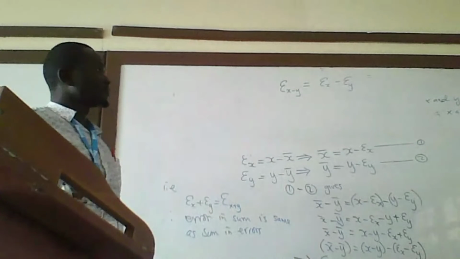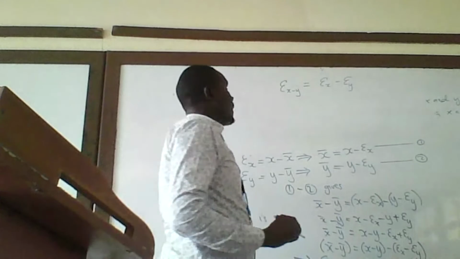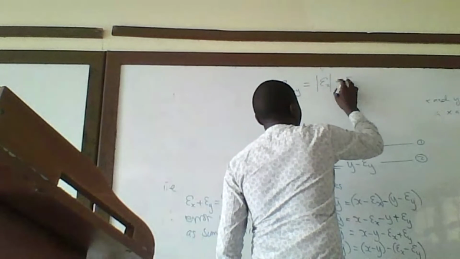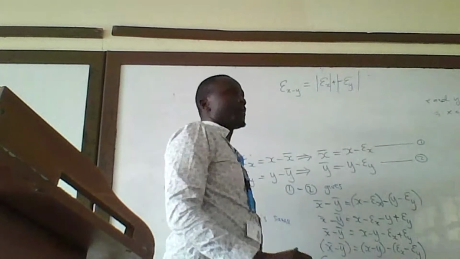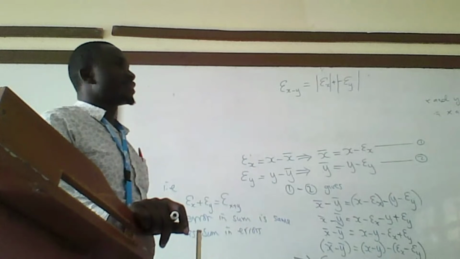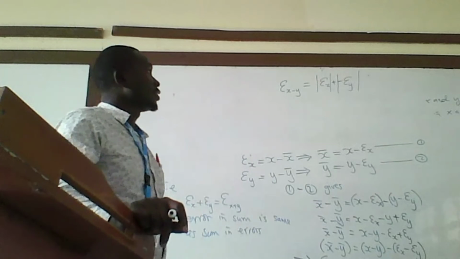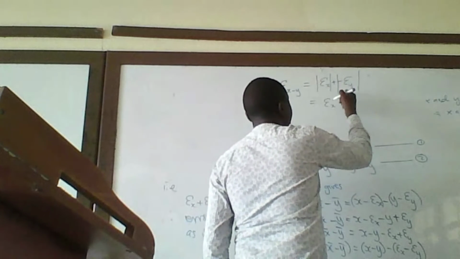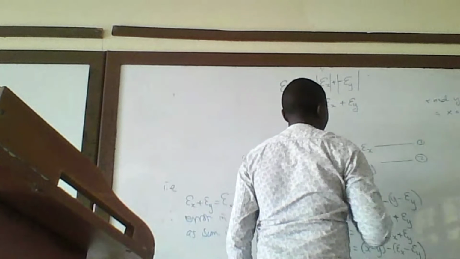But with the negative sign, we get the absolute value of each of the two error terms, which converts this into the same form as saying error in x, because these were already assumed to be positive, plus error in y.